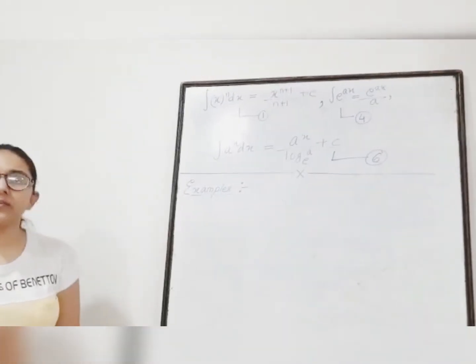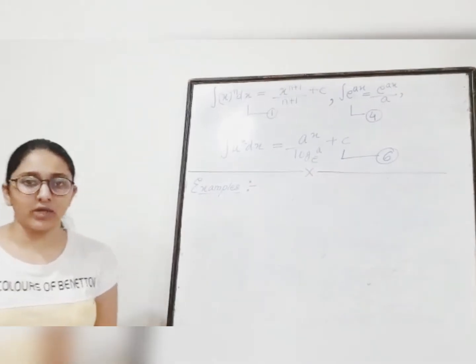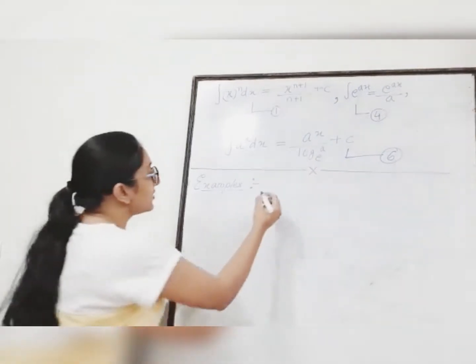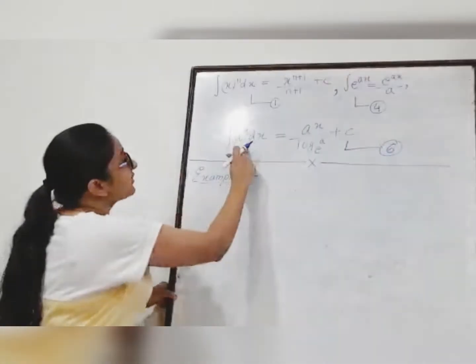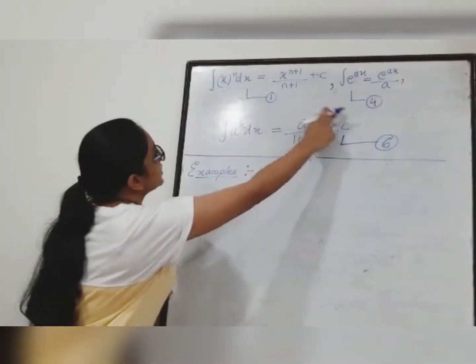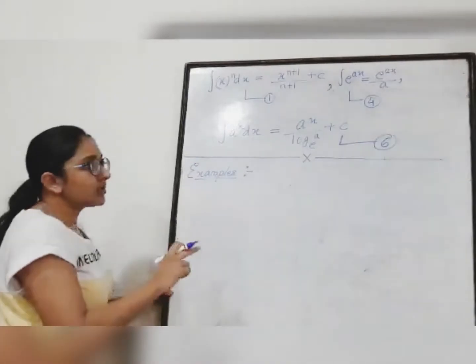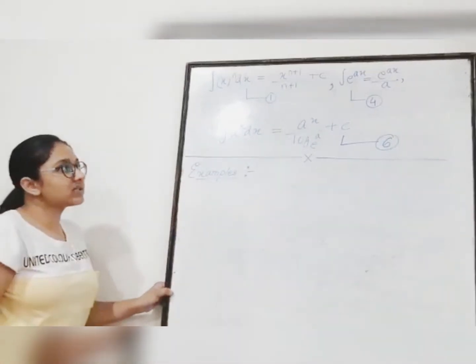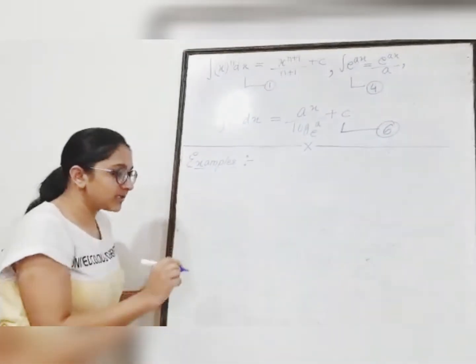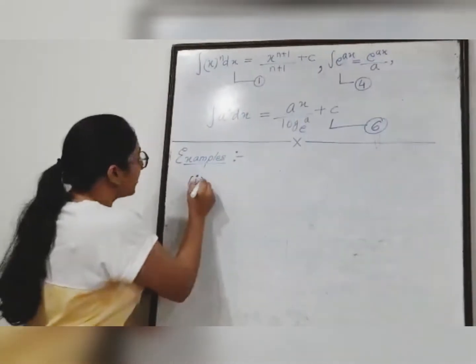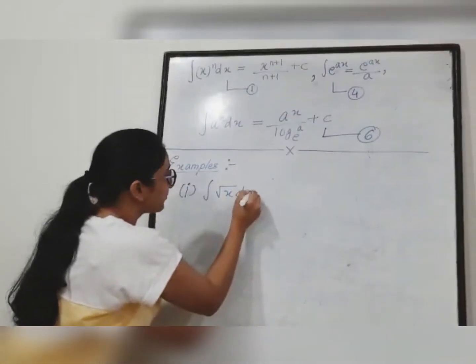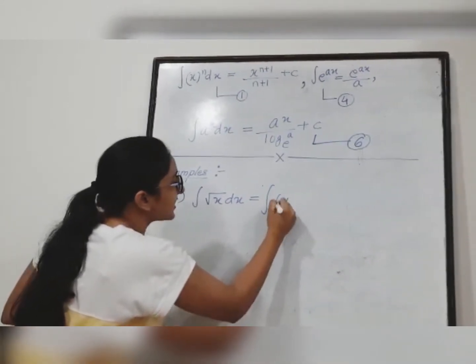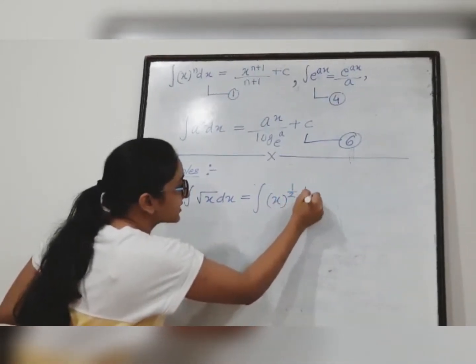Now, let's solve some examples and have a grip on these formulas. In the 5 examples which I am going to teach right now, the 3 basic formulas used are the first one, the fourth one and the sixth one. You can watch the previous videos and see all the 6 formulas. Now let's start. The first question is integration of root x dx. It can also be written as x to the power half dx.